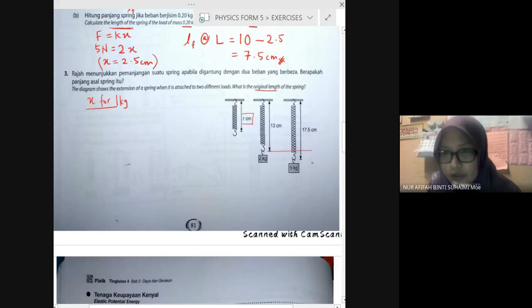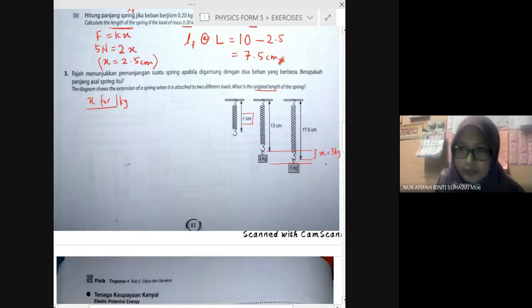This one is the extension for 3 kilogram, right? We compare 5 and 2, so 3 kilogram, and then the extension is from 17.5 to 13 cm. So we can find for 1 kilogram. Boleh?